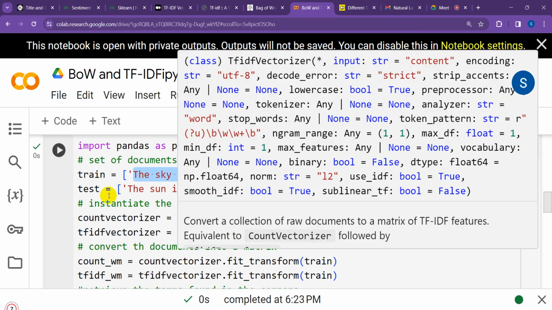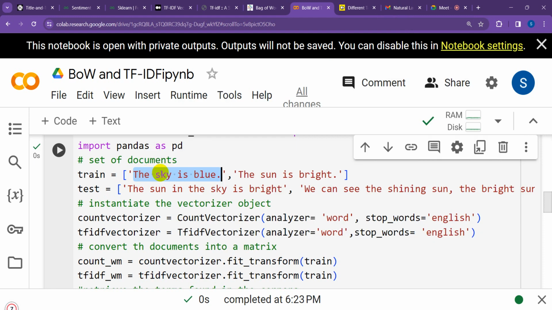The dot is a punctuation symbol, so we are talking about stop words like the and is. And here, it can be we, can, all the helping verbs, not actual verbs, because see is important here. That is also a verb, but the helping verbs can also be removed.